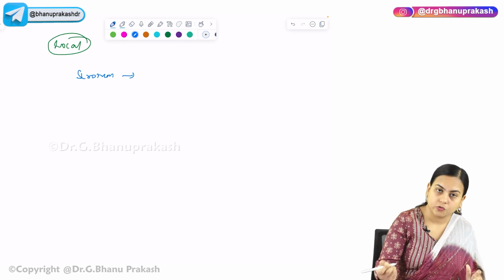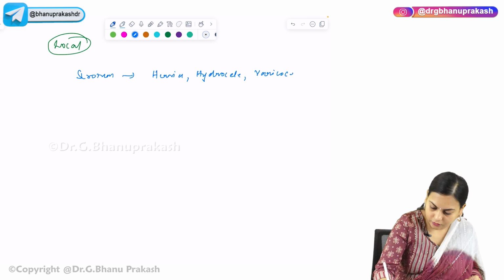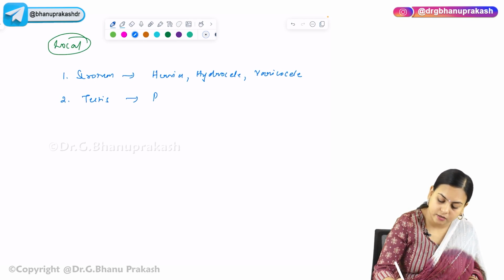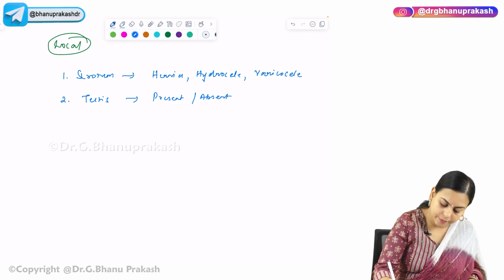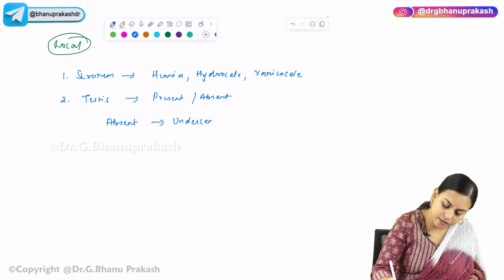Scrotum can show signs of hernia, hydrocele, or varicocele. Then testis, whether it is present or absent. If it is absent, it means undescended testis.